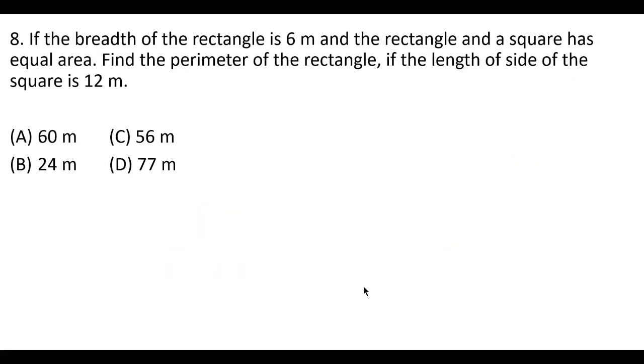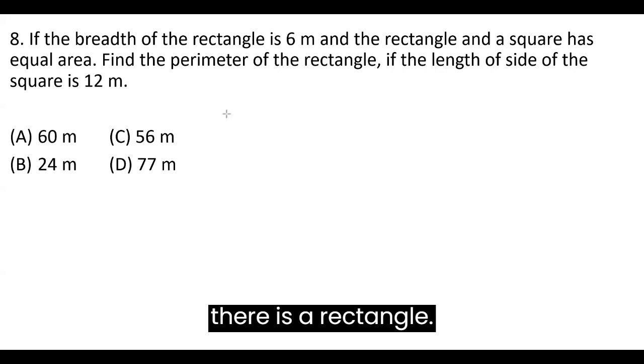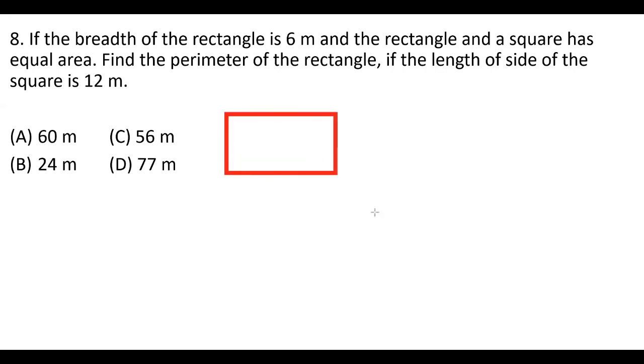Our next question is, if the breadth of the rectangle is 6 meters and the rectangle and the square have equal area, find the perimeter of the rectangle if the length of the side of the square is 12 meters. So in the question, what is given is there is a rectangle and there is a square.